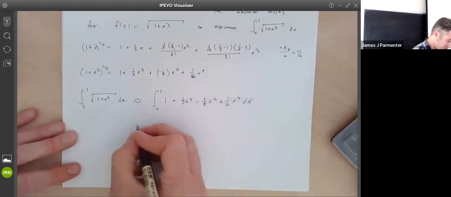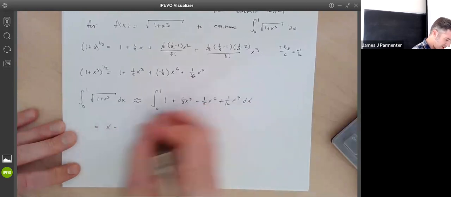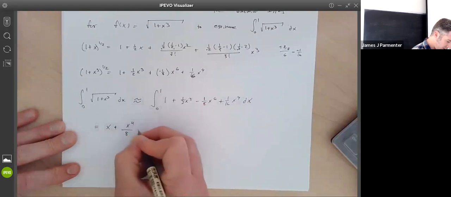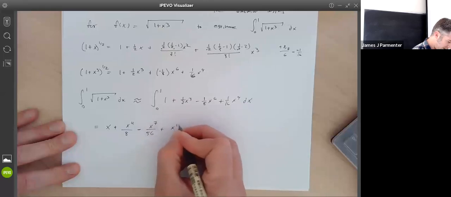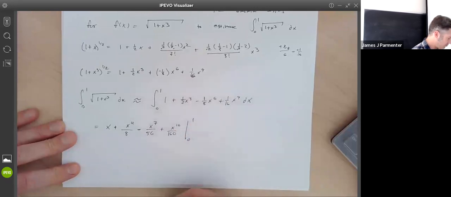And then we do the usual thing. We anti-differentiate. We get x plus x to the 4th over 2 times 4 minus x to the 7th over 8 times 7 plus x to the 10th over 16 times 10, from 0 to 1.